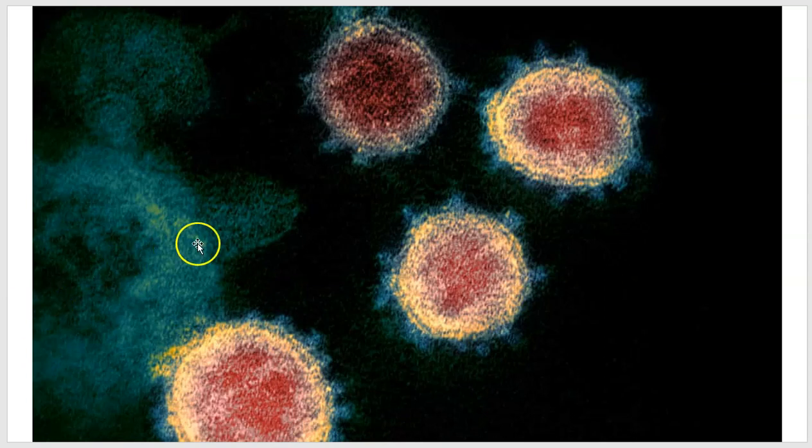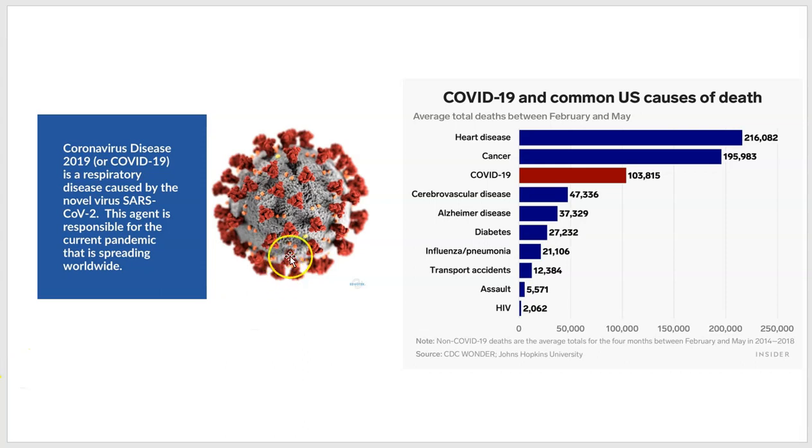In fact, here's an electron microscope picture of the coronavirus. These little units are each one viral particle, and we'll learn about how these viruses do their damage in a moment. Now, in the current pandemic, this is the culprit. This virus is causing a disease that we call COVID-19.